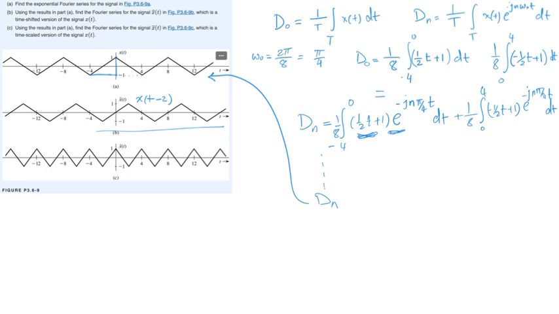Remember, when you shift a signal, we now go back to the table of properties of Fourier series. When you shift a signal in the time domain, what happens in its Fourier series expansion in the frequency domain?